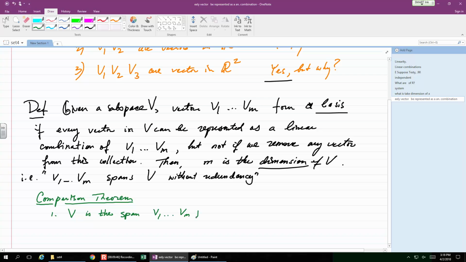And secondly, we have vectors W1, ..., Wn in V. They are linearly independent.